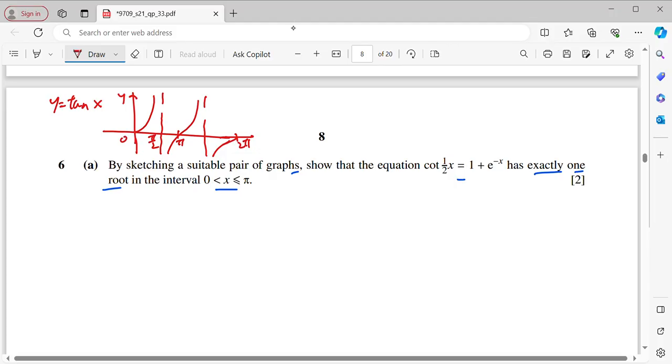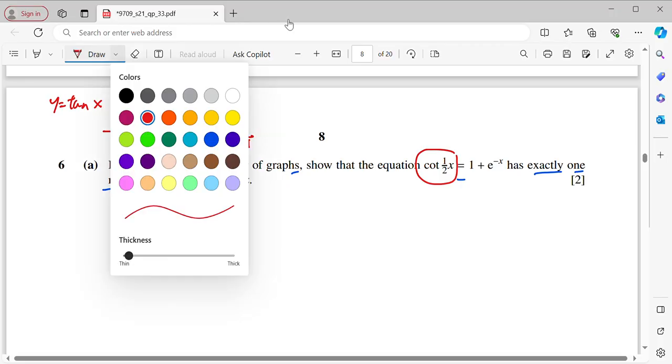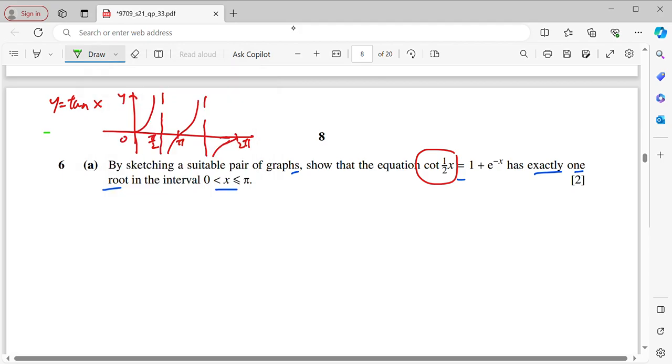But then now, cot half x means that we have to refer to half x, tangent half x. So for tangent half x, it will be just here, half of the graph. That means it's just up to here. Okay, so this is when tangent half x, which means when you label, you still label 2 pi, 0 to 2 pi, which means here is pi.